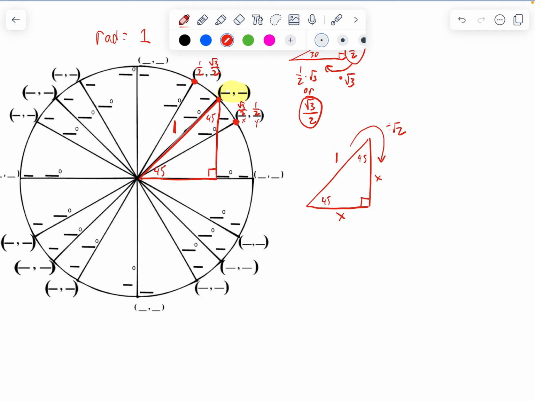So we know this side length, they're equal on both sides because 45, 45, 90 triangles have the side lengths be the same. So Pythagorean theorem says a squared plus b squared equals c squared. A is x squared and b is the other side, and so c is the hypotenuse, and there we go.